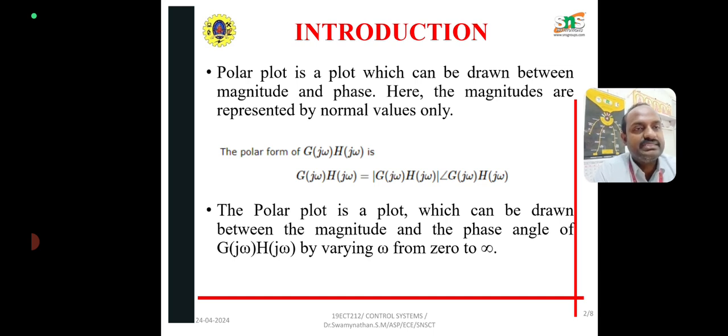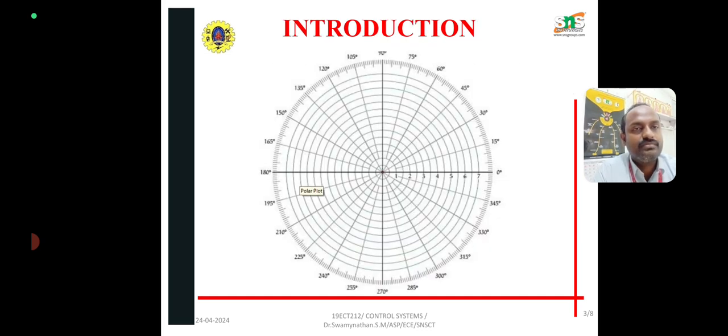Here this is drawn separately, exclusively for the polar graph. This is the polar graph, the polar plot. The polar plot has a round shape, with a radius and an angle, and based on the radius and angle you can draw different versions of the polar graph. Here are the phase angle and the magnitude.